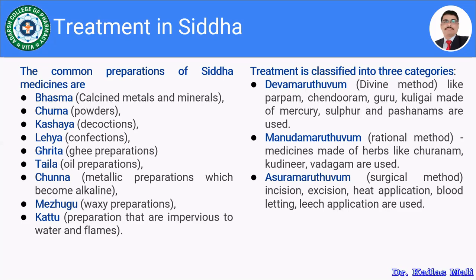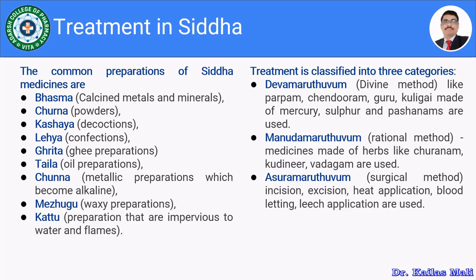As you know, these are solid dosage forms, and they comprise calcinated metals and minerals. Then the churnas are the powders of herbal material. Then kashayas are the decoctions prepared using herbs.